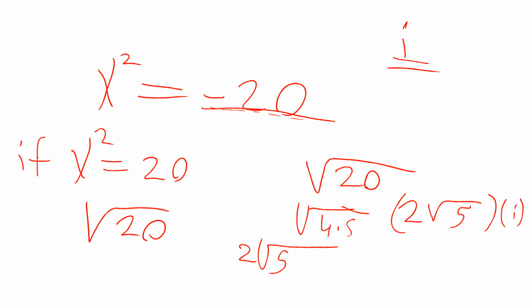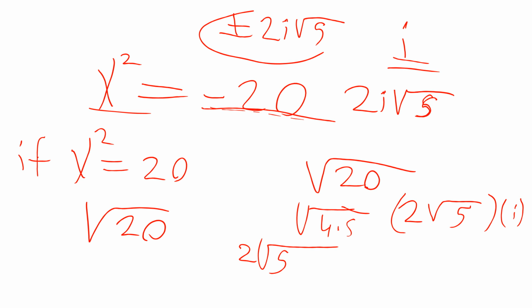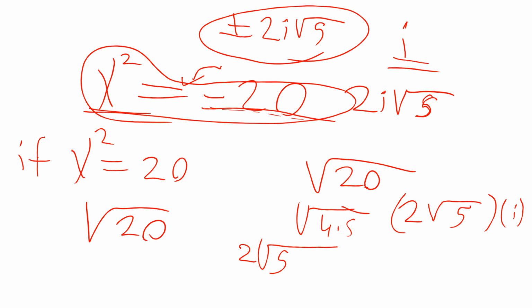We can also write it like 2i root 5. And then remember, two solutions, plus minus. So remember, minus 2i root 5. And that is our solution to x squared equals -20.